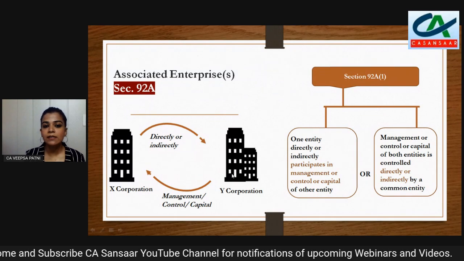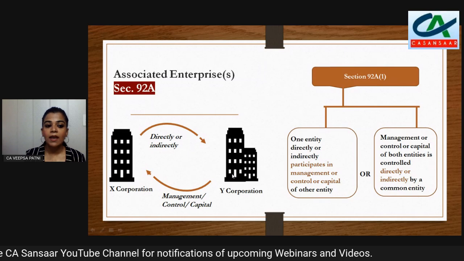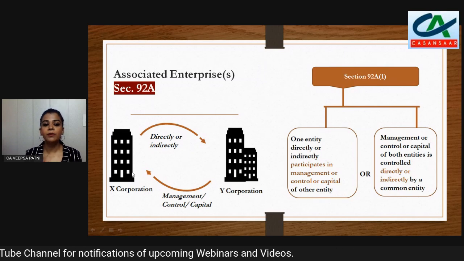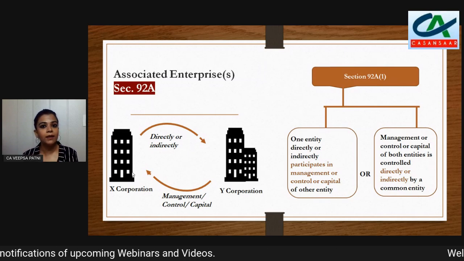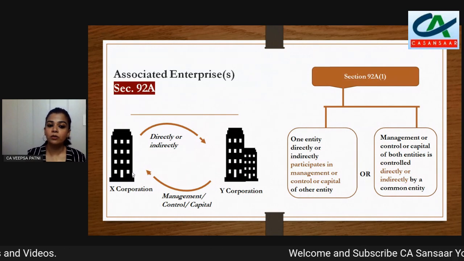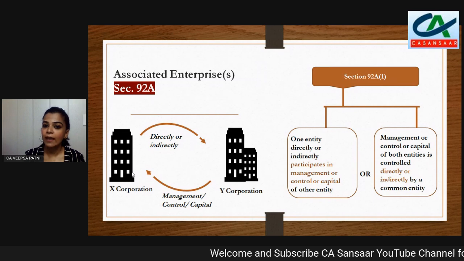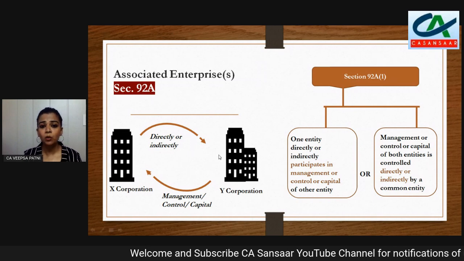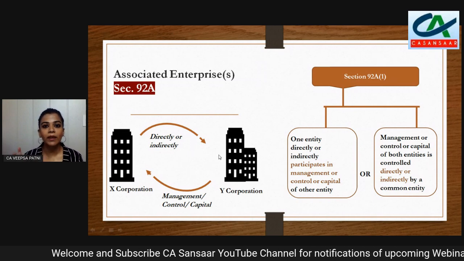Say there was a Z corporation, and X corporation was managing or controlling Y and Z both. Then Y and Z corporation both would be associated enterprises.